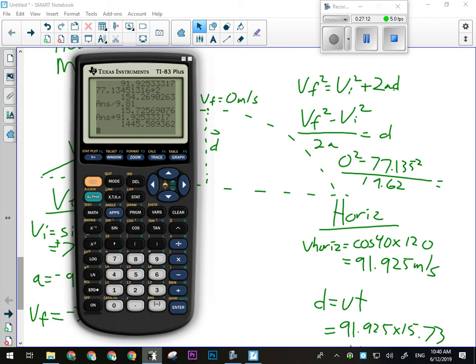So 77.13451316 squared, divided by 19.62. So the maximum height of this object will be 3.0 times 10 to the 2 meters.